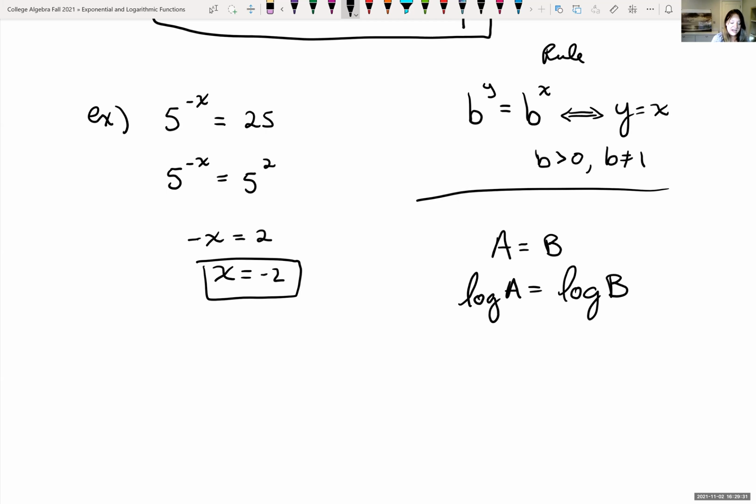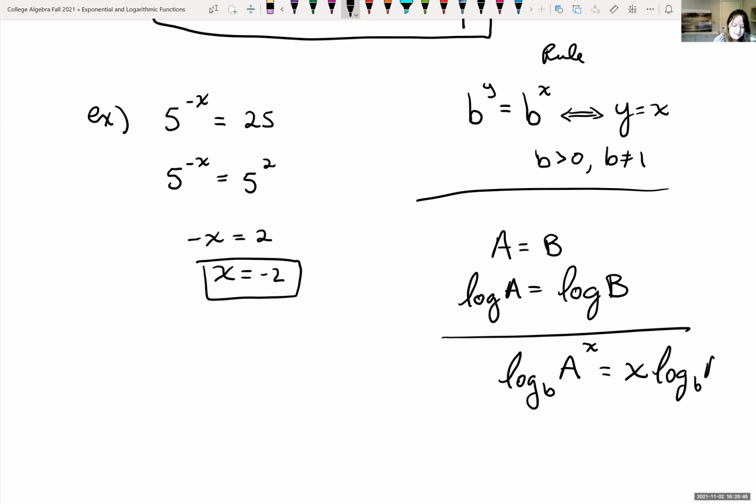We're also going to use the fact that if we have log base b of a raised to some power x, we can bring that power down front: x times log base b of a. You're going to use those rules if we can't manipulate our bases to be the same, to help us solve an exponential equation.